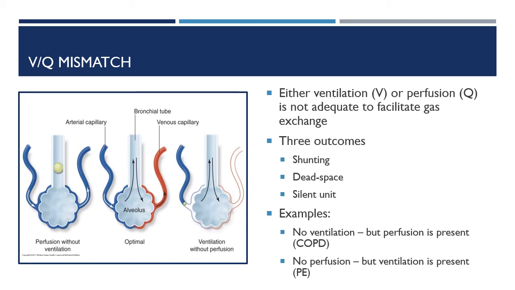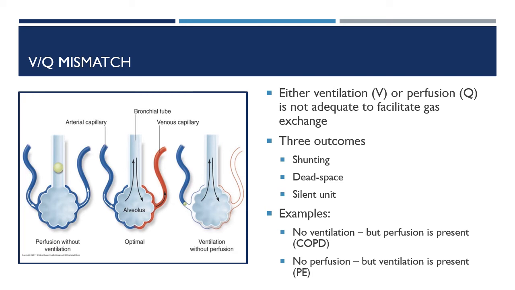Okay, let's look at the last image. There's totally normal ventilation throughout the lung and in this particular alveoli, but the blood supply is somehow being blocked. It's not getting to a section of the lung.